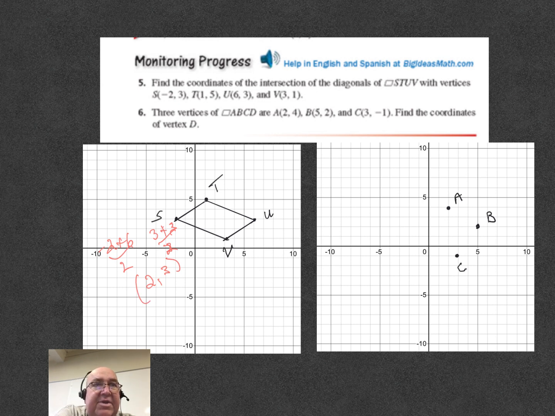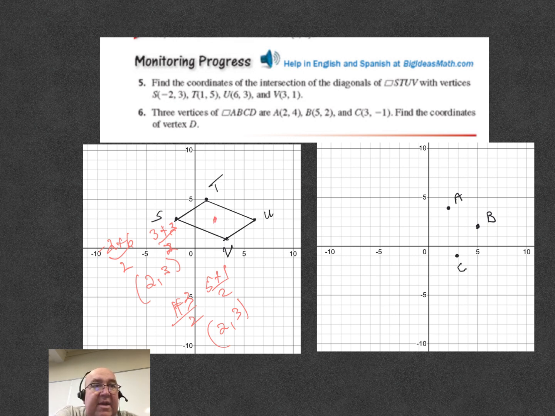I want to do that just to make sure with my other pair. 1 plus 3 divided by 2, and 5 plus 1 divided by 2, and we get 2 and 3 again. So that point would be right there.